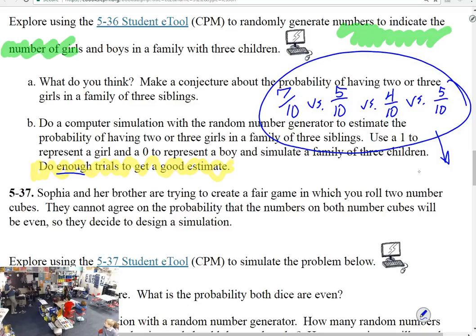And I'm not saying it's invalid. I'm just saying if it's really valid, you should be able to replicate it. So if you guys say 70%, we should be able to replicate it. If you guys say 40%, we should be able to replicate it. If we put all of these together, 5, 14, 7, 21 out of 40, that's right about 50%.